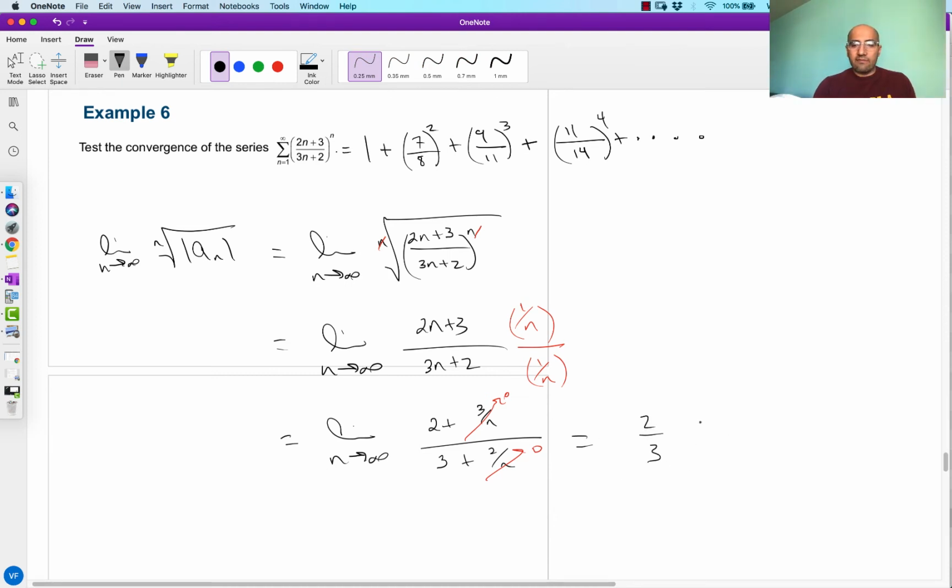Because that is a value strictly less than 1, by the root test we've established that this series is convergent. So we can conclude that it is convergent by the nth root test.